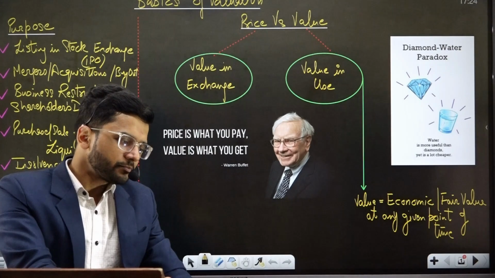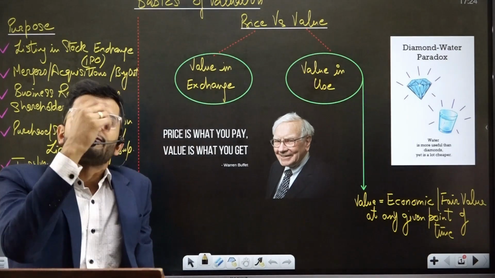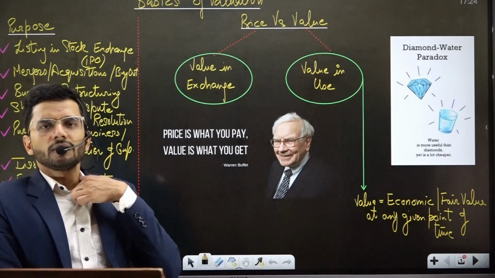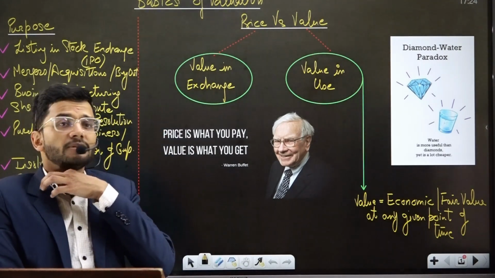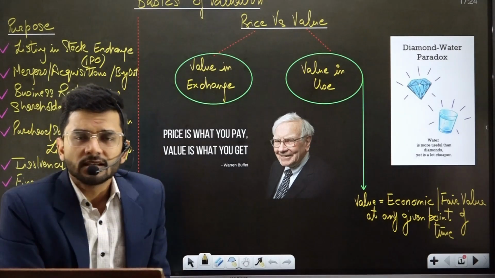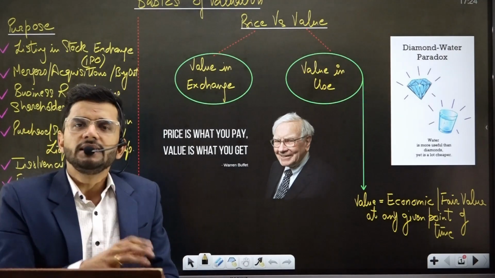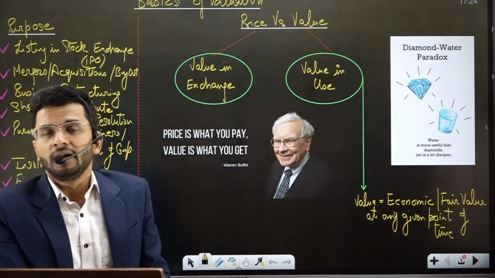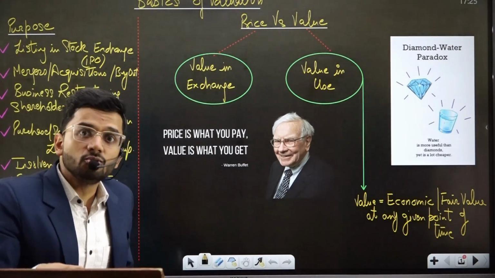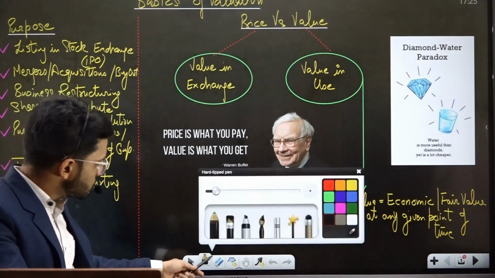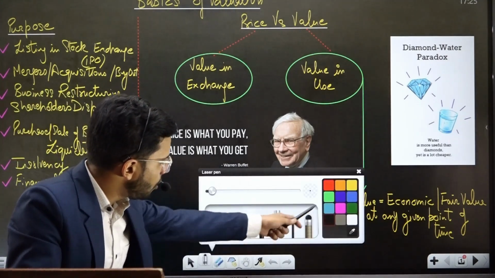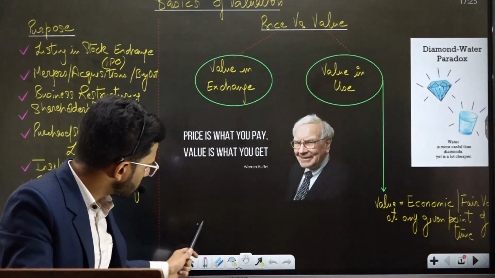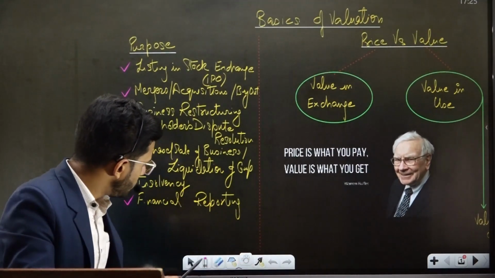Before coming to the difference between value and price, and the techniques by which we value a particular asset, especially a business asset, first let's understand the purpose behind valuation. What is the use of valuation? How is valuation relevant? And at what places can we use valuation techniques? Let's understand that first. What are the purposes of valuation?